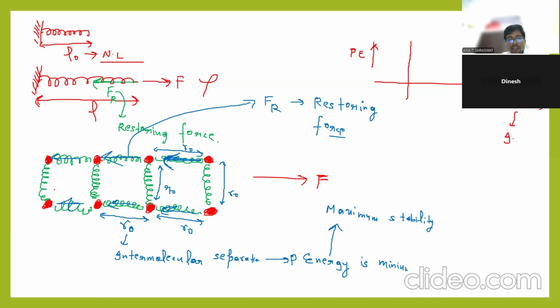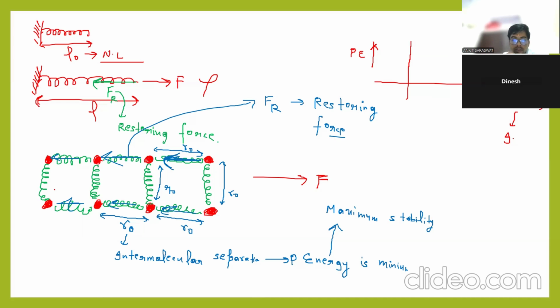Why are molecules forming? Because every atom wants to be in a stable form. That's why they form a sigma bond and pi bond. They want minimum energy, maximum stability. All the atoms want to be at R naught separation, which is known as intermolecular separation.